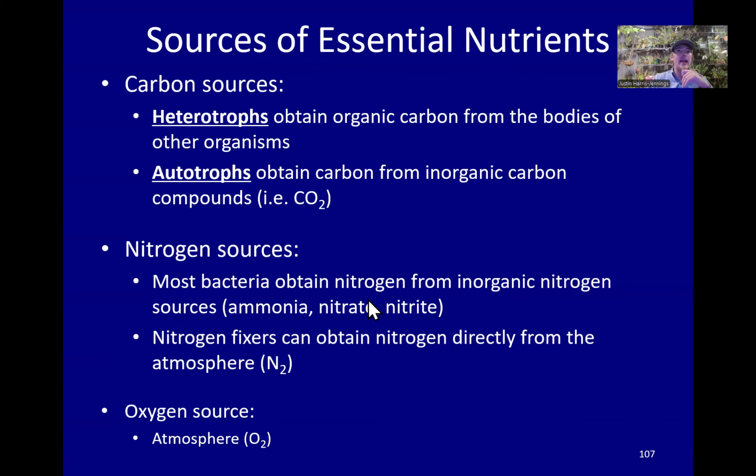And if you add nitrogen fixers to the soil, they can start to convert nitrogen gas from the atmosphere into these more usable forms so that the plants that can't have access to it now have more access.